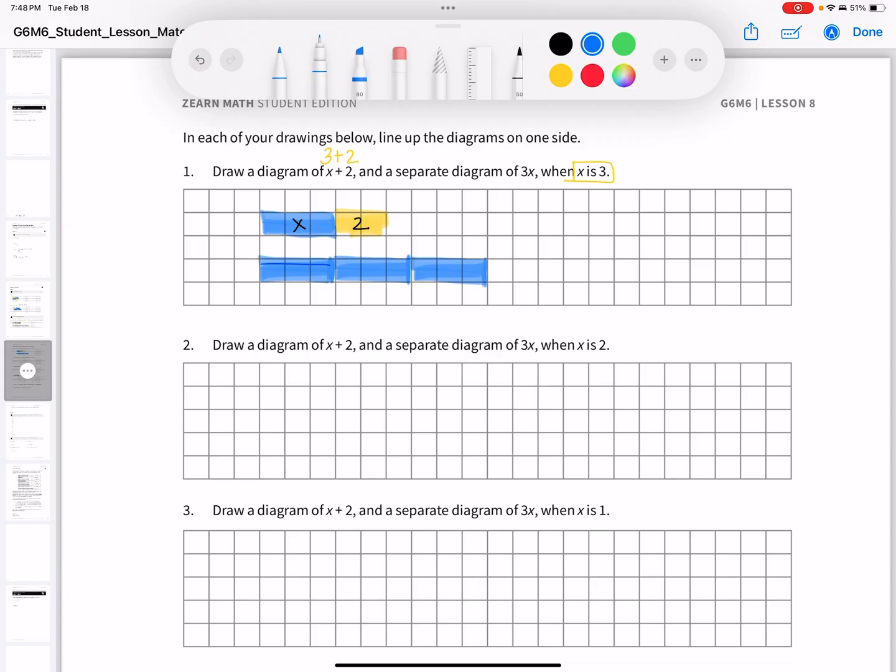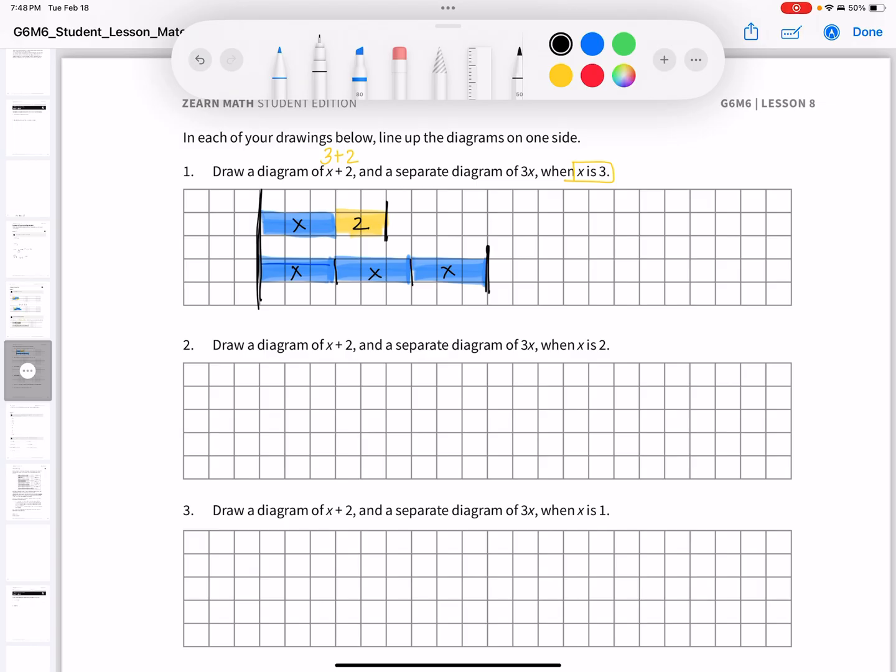So again, I have x and another x and another x, right? So you can see I've lined up this side, but this side does not line up. So these are not equivalent and they are not equal.